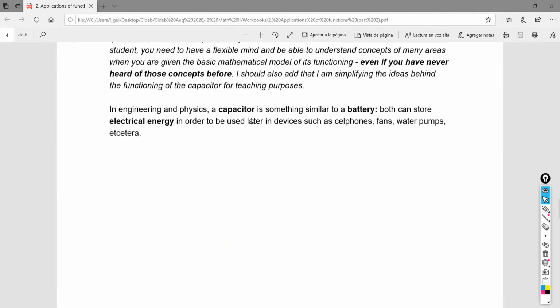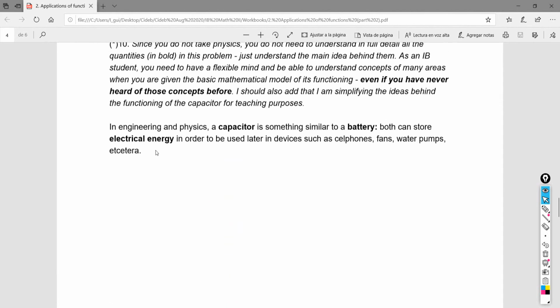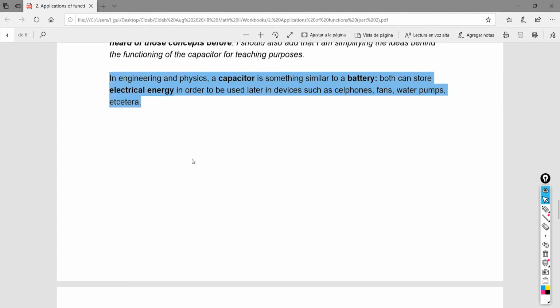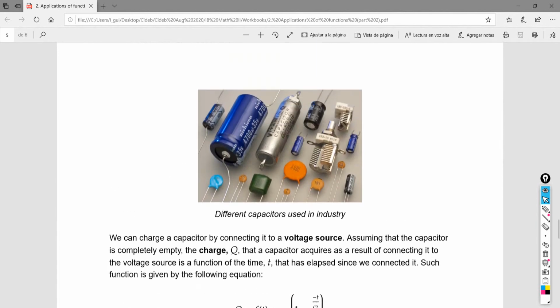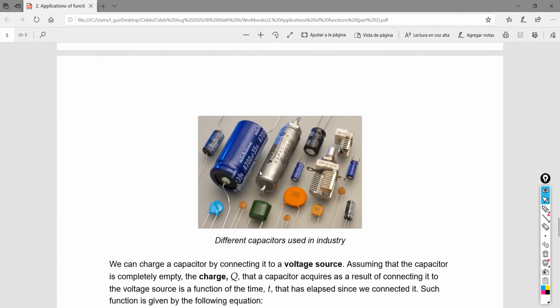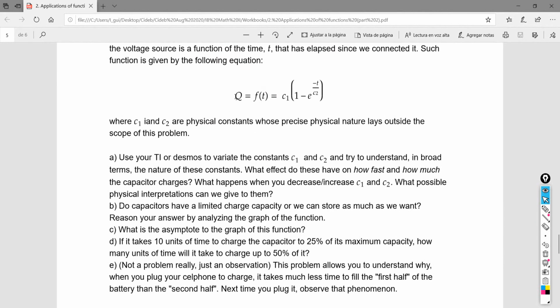For example, in this case, I'm explaining the basic functioning, starting from here and ending right here. I'm explaining the basic functioning of what we understand by a capacitor, and I'm giving you the mathematical model of its functioning.